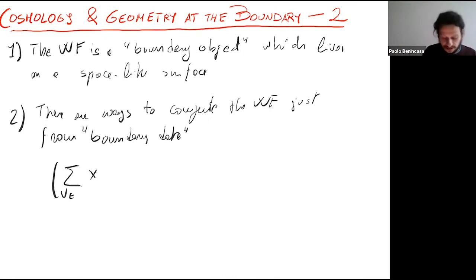And for this object, we discussed yesterday the existence of a recursion relation, which tells us that the n-point contribution to the wave function times the sum of the total energies, which is this sum with the x's, is given by the sum of all the possible ways of cutting one edge of a graph.